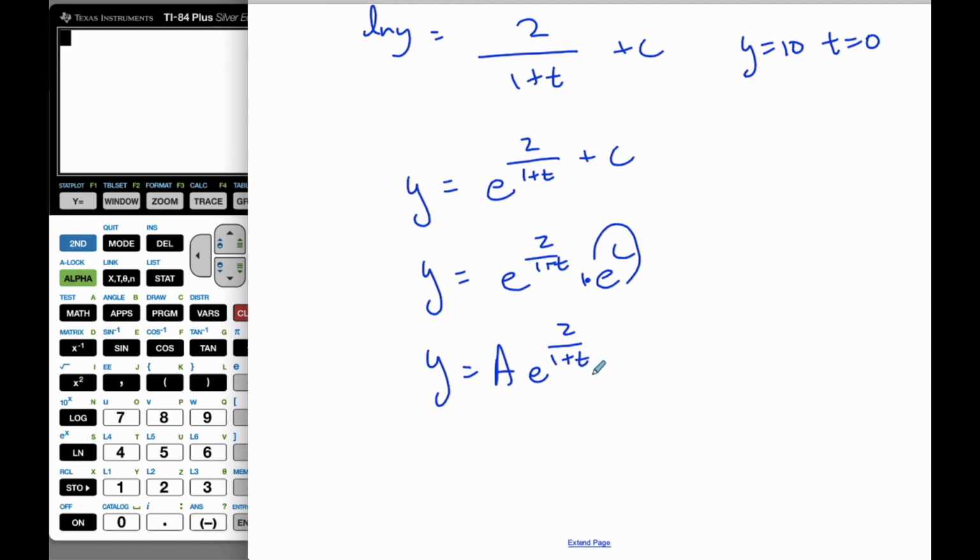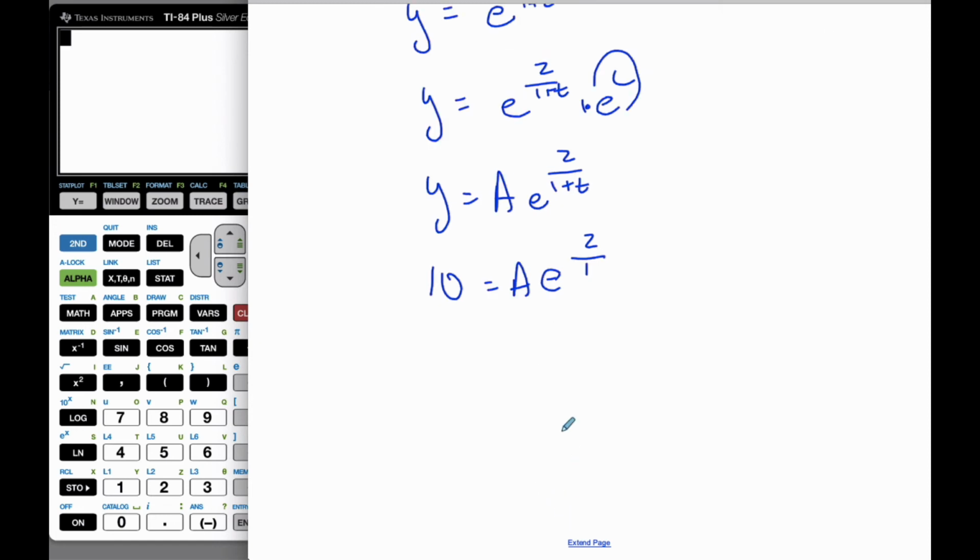And so now I am ready to use these actual values. I'm going to plug in 10 is equal to a times e to the 2 over (1 plus 0). That's 2 over 1. Just to make sure I didn't do that too fast for you, I'm saying that this is equal to a e to the power of 2.